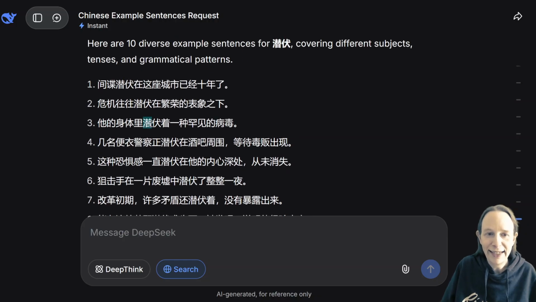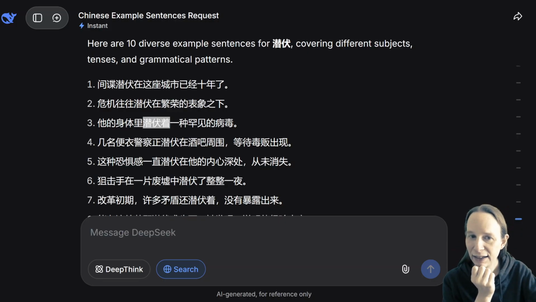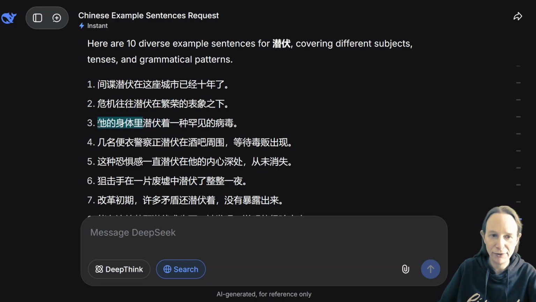他的身体里潜伏着一种罕见的病毒. So his body is, or inside his body. This is almost like 存在着. It doesn't take a subject, because this is a prepositional phrase.